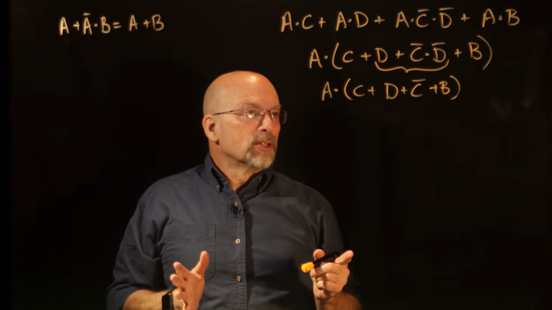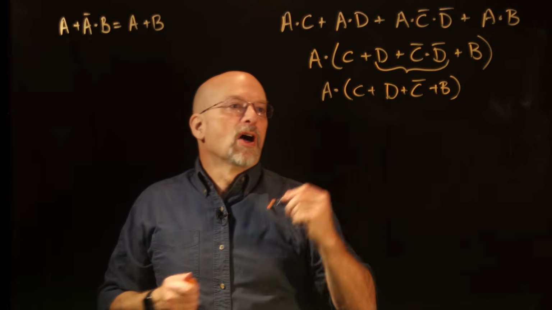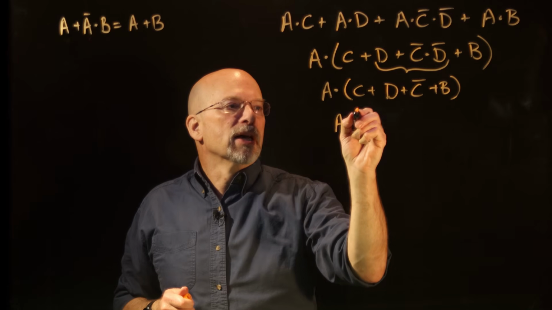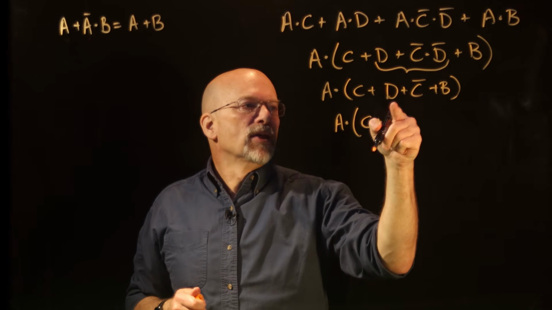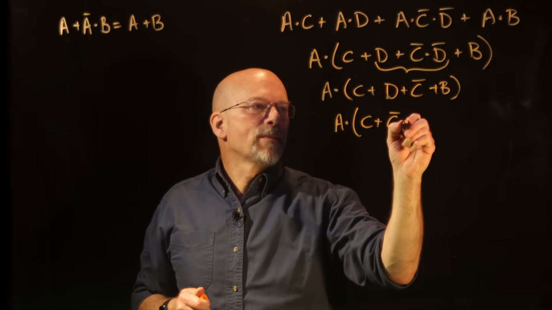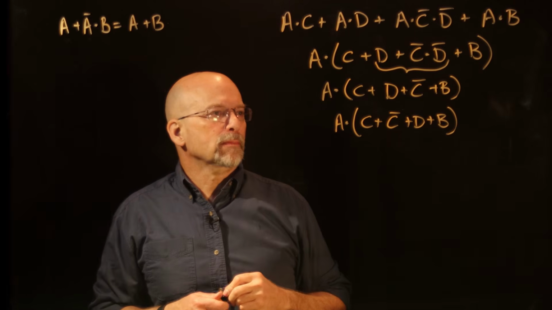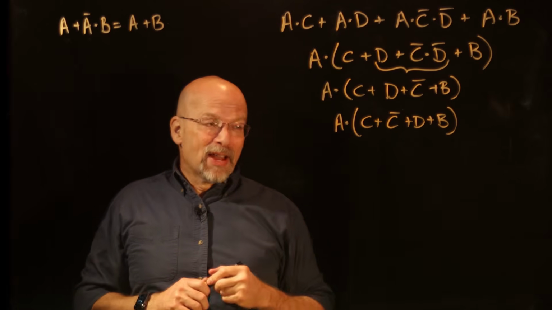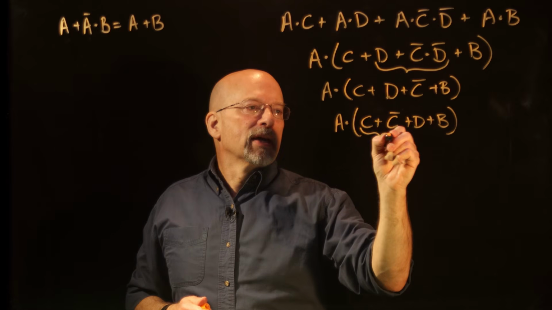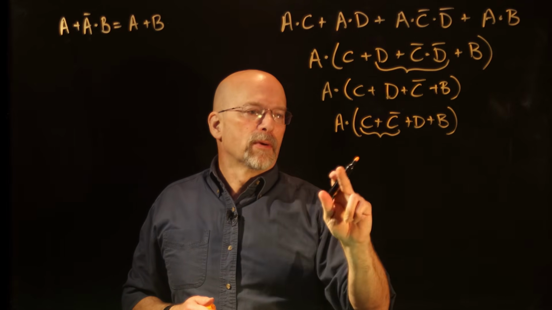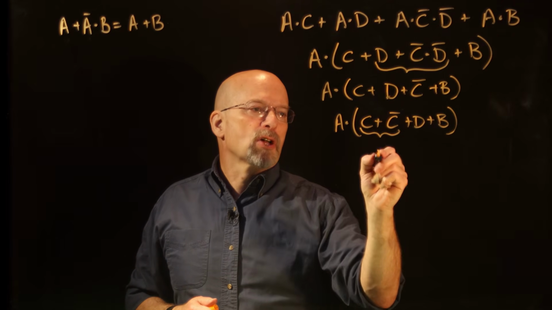The other thing that we could do is use the commutative law. And the commutative law says I can take these 2 terms and swap them around. All right. Hopefully you see the red flag at this point. We've got something ORed with its inverse. Something ORed with its inverse is always 1.